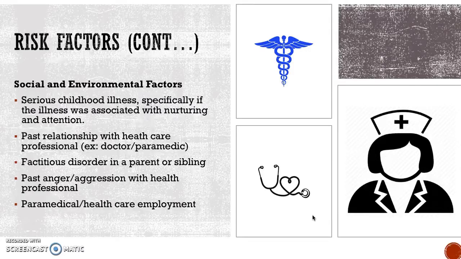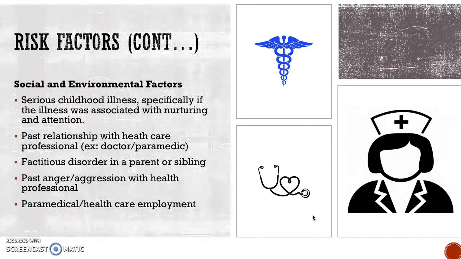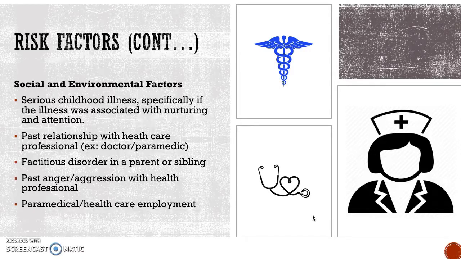And past relationships with healthcare professionals sometimes educate individuals and play a role in how they go about faking their symptoms. And factitious disorder in a parent or sibling can also cause onset of factitious disorder in an individual. Past anger and aggression with a healthcare professional.